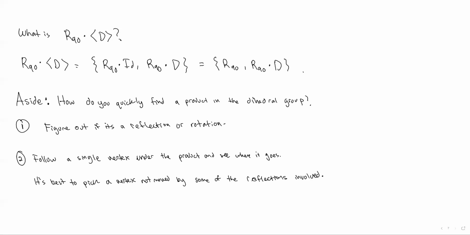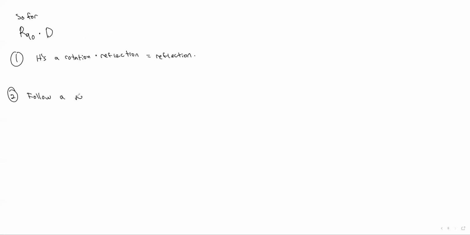Okay, let's apply this to R90 times D. So R90 times D, step 1, it's a rotation times a reflection. So it's a reflection. Step 2, I'll follow a vertex. I'll follow this vertex because it's not moved by D, right?